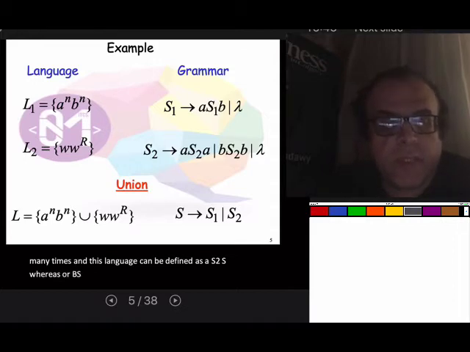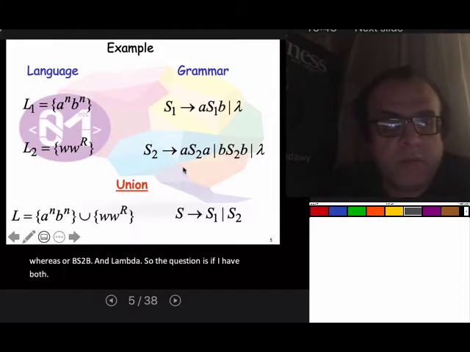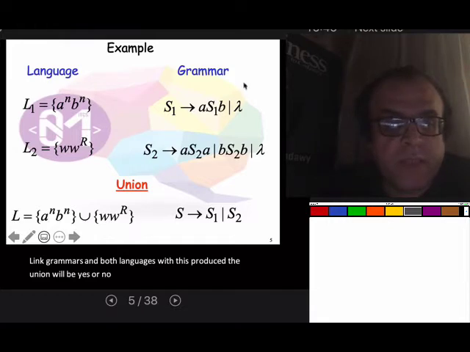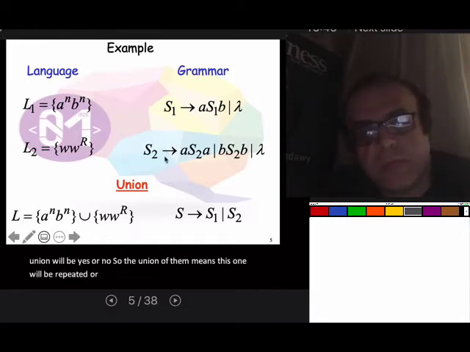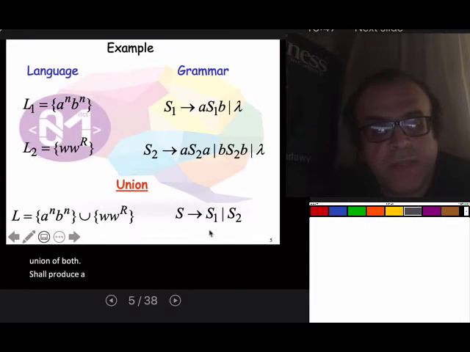If I have both grammars and both languages, will this produce the union? The answer is yes. The union of them means either the first one will be repeated or the second one will be repeated. So the union of both shall produce a language, and the union can be defined as S leads to S1 or S2.